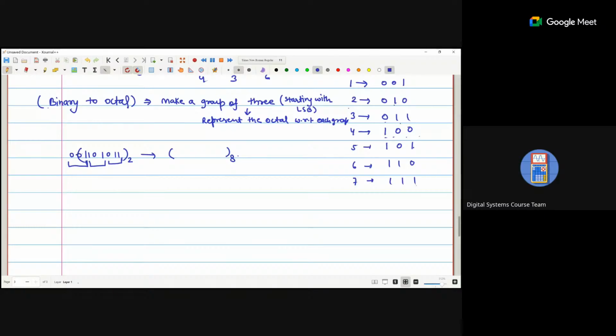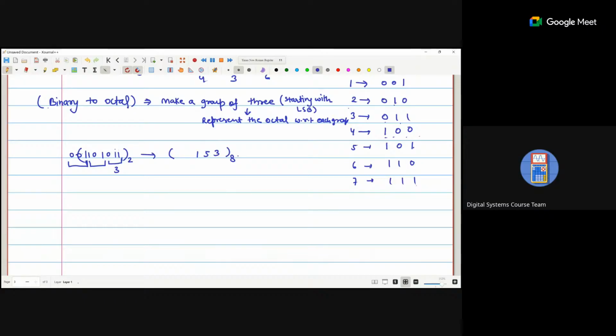The first group value is 0, 1, 1, so weight of 1 and weight of 2, that is 3. The second group value is 1, 0, 1, which is 5. And the last one is 1.